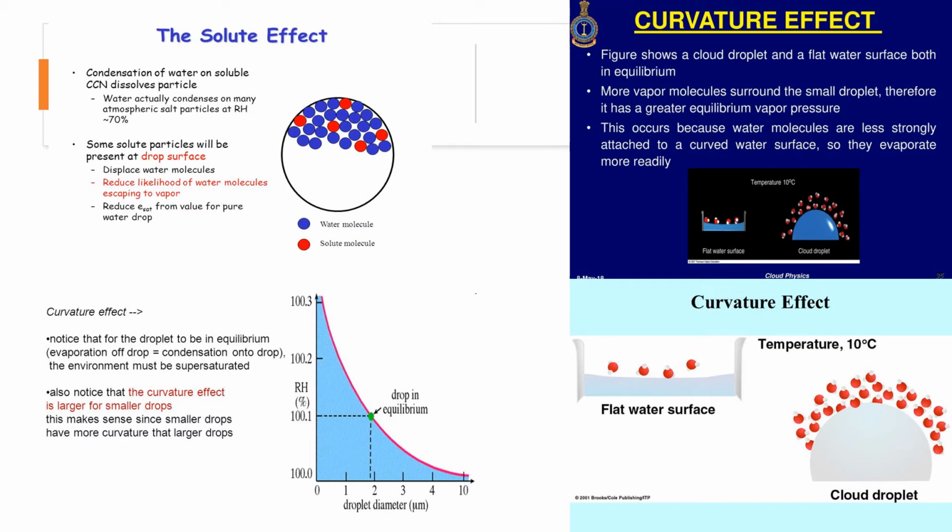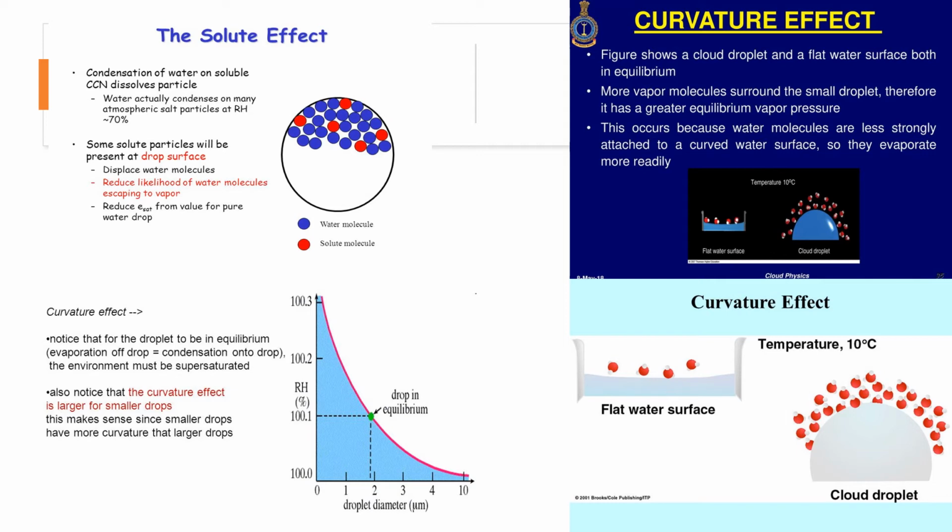Okay, now let's talk about condensation nuclei. We know there are two types: one is hygroscopic, one is hydrophobic. Many of the nuclei are hygroscopic, meaning they have an affinity for water vapor, so condensation may begin on such particles when the relative humidity is well below 100%.